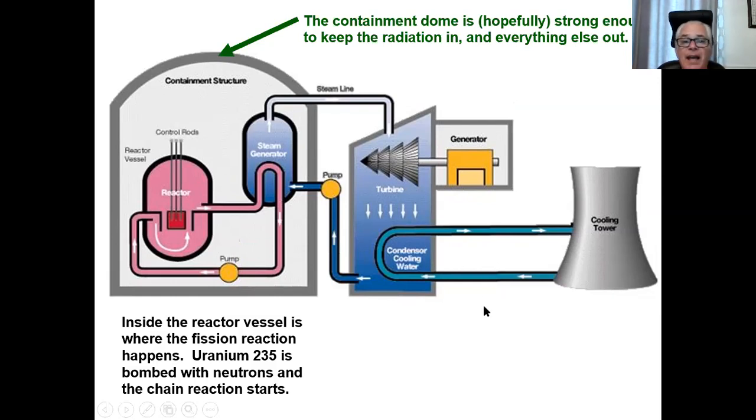Now, the pink is inside a giant construction of concrete and steel that hopefully, if anything bad happens in there, will stay in there. And that stuff's really bad and really toxic. In Russia, during the Chernobyl meltdown, they couldn't get the control rods in.